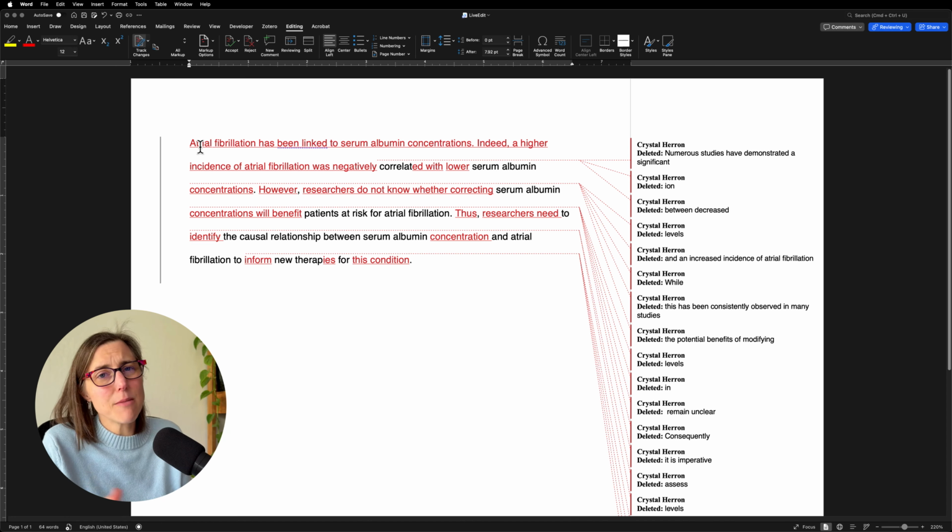And like I mentioned, we could reduce this even more. The "Indeed" piece is not necessary, but it's a nice signpost for readers. We said "a higher incidence was negatively correlated with lower concentrations." So we could always remove "negatively" because we have the higher and lower, or we can delete the higher and lower piece and just say it's a negative correlation.